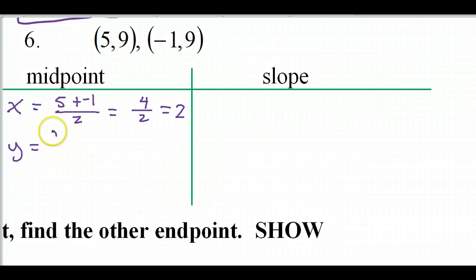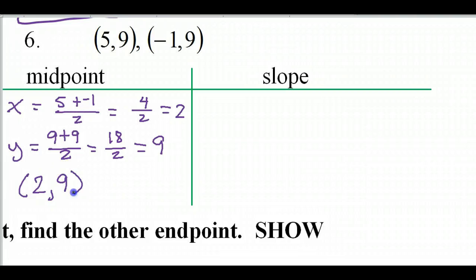So you know the answer is going to be 9. But if you were just blindly doing it, that would make 18 divided by 2, which is 9. But the average of 9 and 9, it's the same number, so you know that's going to be 9. So the midpoint is 2, 9.